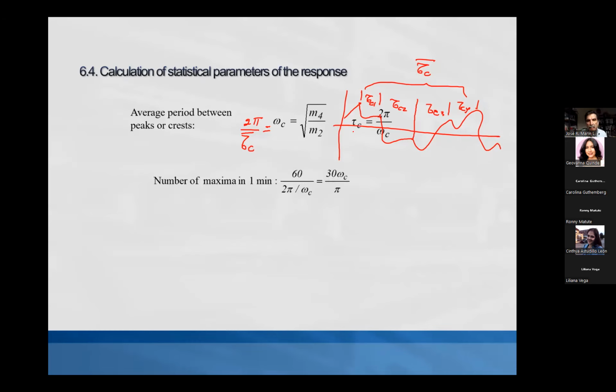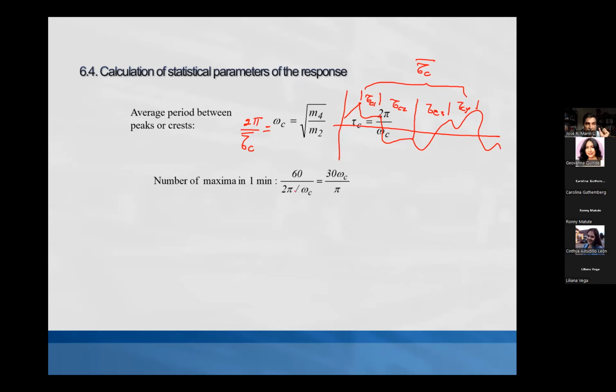Okay. Now, what can we do with that? Well, this is what we can do. Let's suppose that we have calculated this average period. Okay. So it's 2 pi divided by omega c.